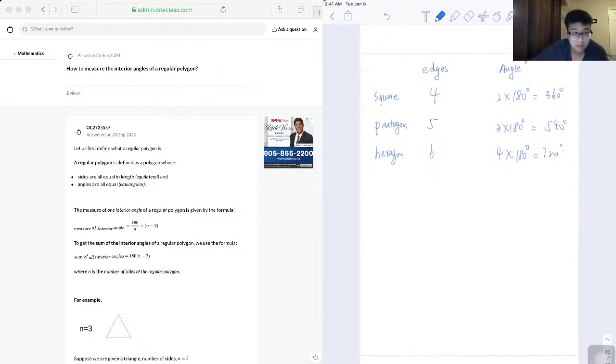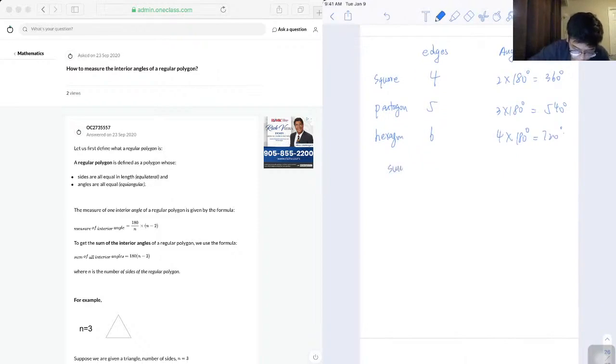So we can find the pattern. The sum of interior angles will be n minus 2 times 180, where n is the number of angles.